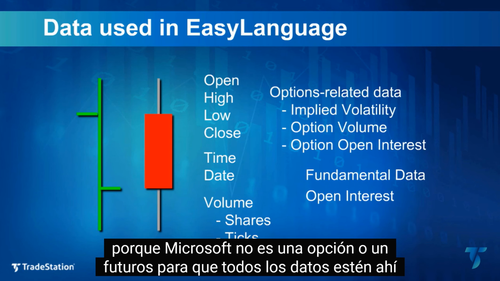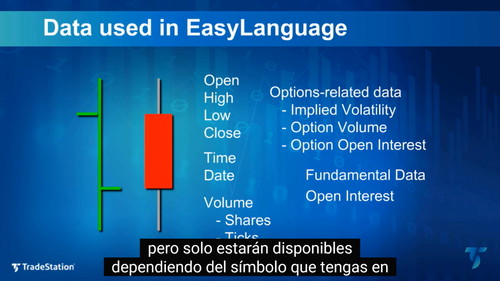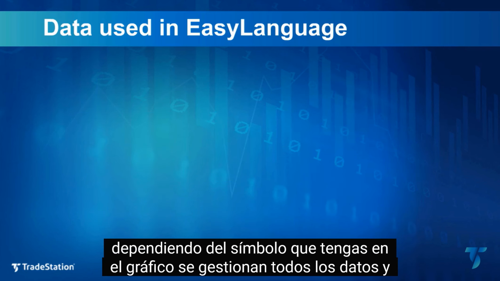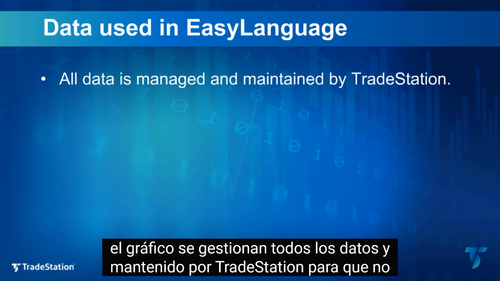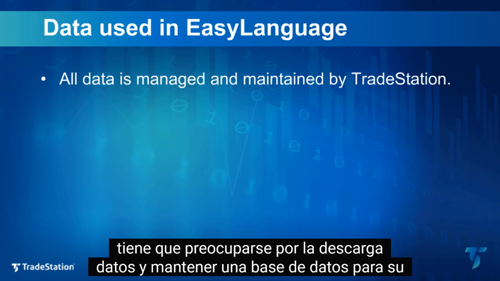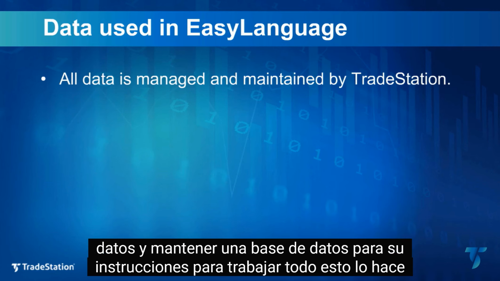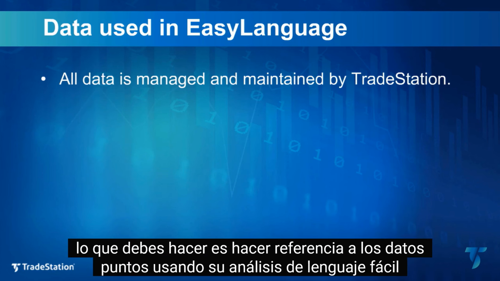So the data pieces are all there, but they're only going to be available depending on the symbol that you have on the chart. All data is managed and maintained by TradeStation, so you don't have to be concerned with downloading data and maintaining a database for your instructions to work.